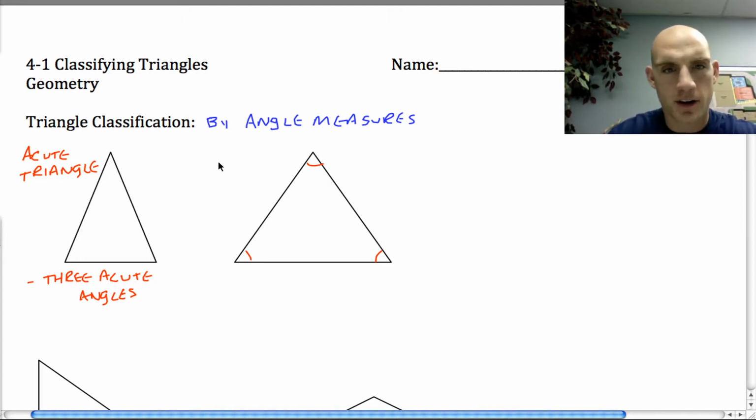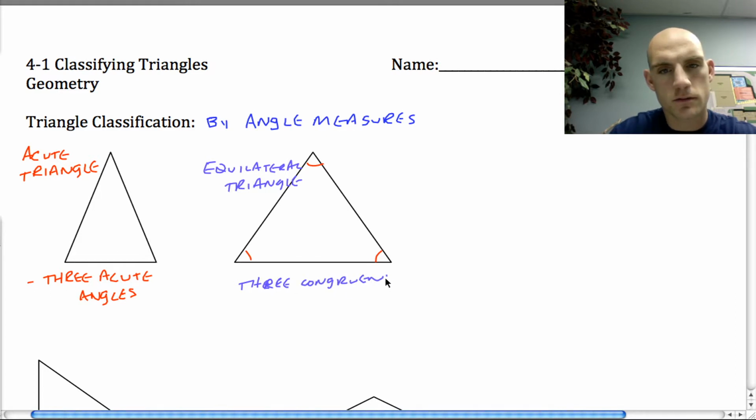And so this is going to be called an equilateral triangle. And it's going to have 3 congruent angles. Okay, so those are the first 2.